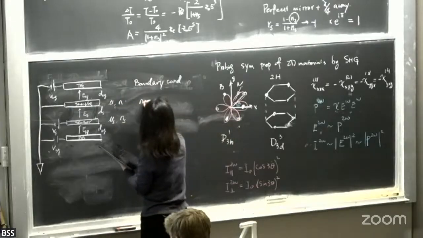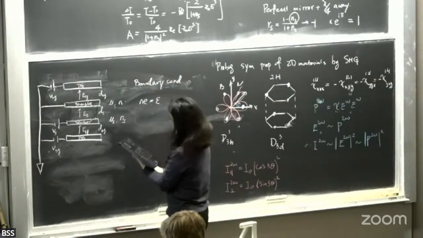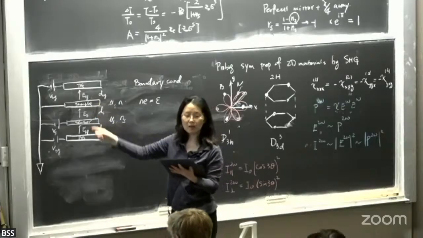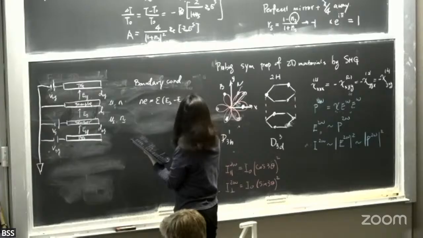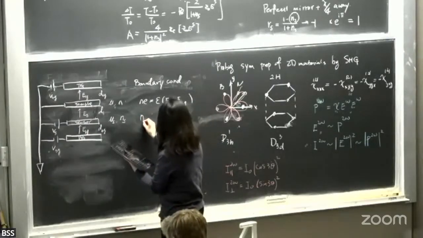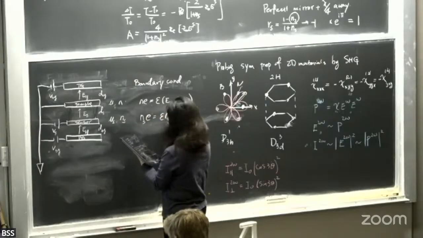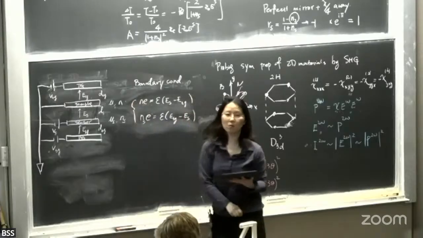So we have n, and this is epsilon times the displacement field, ES minus E top gate. And then the density in the sensor is going to be epsilon times E back gate minus ES. So this is one set of equations we can write.